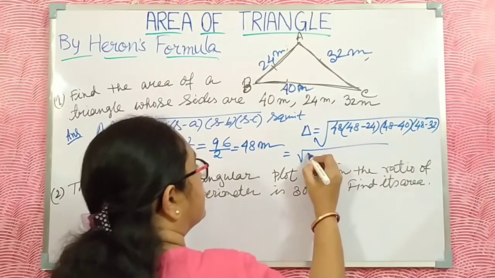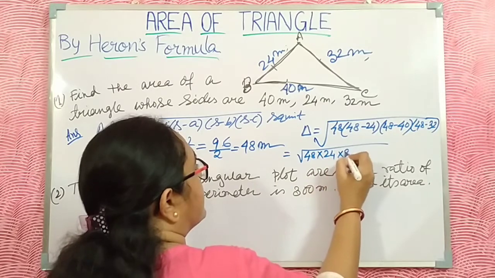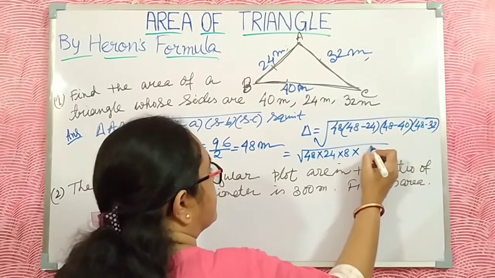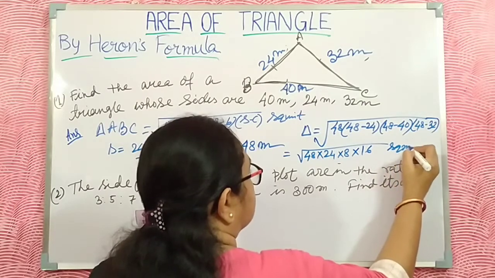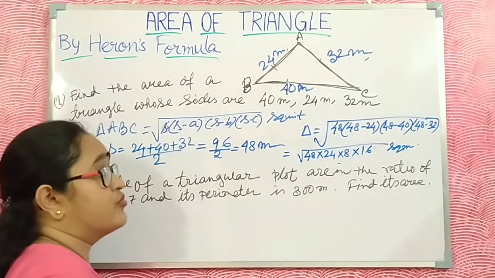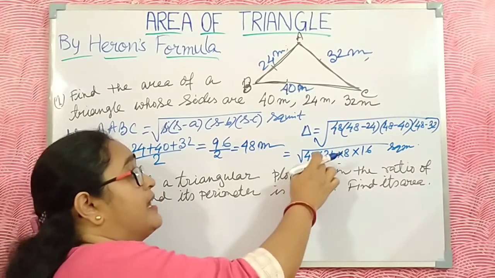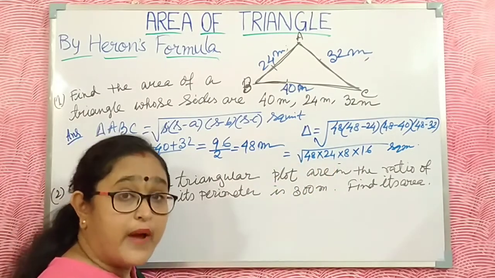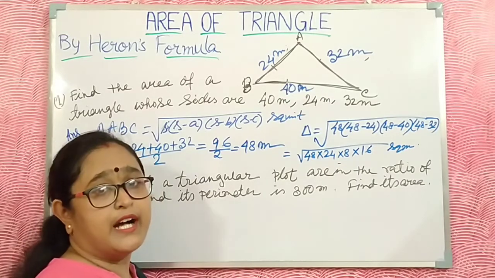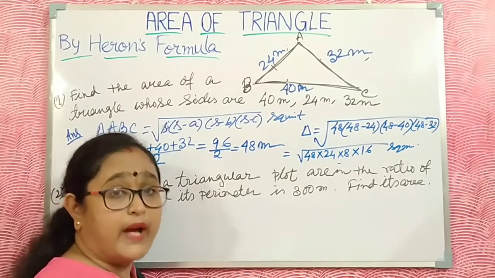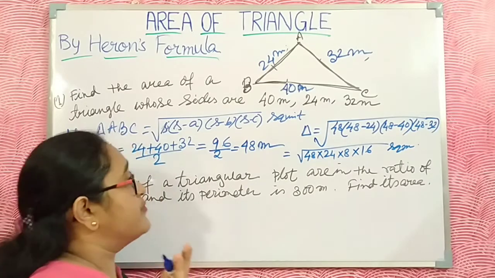Write 48, 24, 8 and 16, square meter. Now look at how I find the square root. This is very important. In this chapter, how to find the square root is basic and very important.